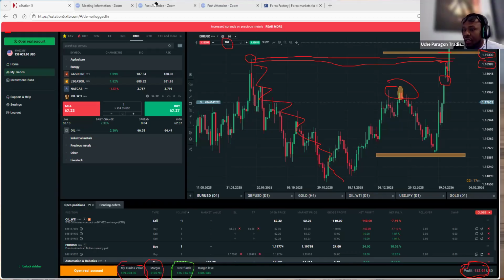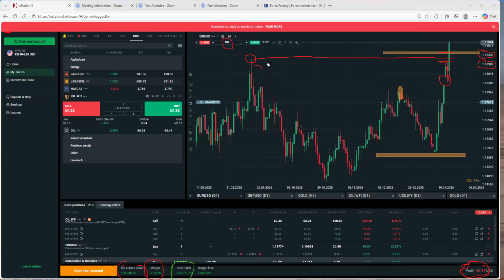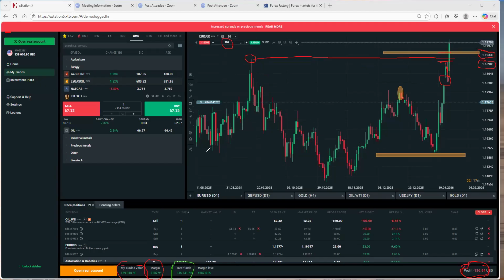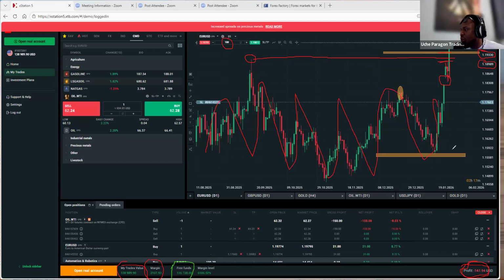For example, let me draw your attention. When we say that market balance is this kind of thing, you see this market now, the economic strength between Euro USD is here, it's like this. So this is the actual economic strength. From their chart behavior, you can see how the economic strength is performing.